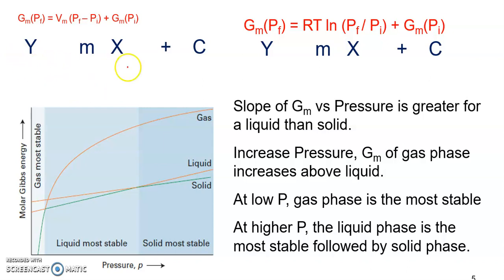This is a linear equation. While if we have gas, we need to relate it with the ideal gas equation, where we replace the molar volume with RT over P, with the gas constant and temperature, and we need to introduce a log factor here.